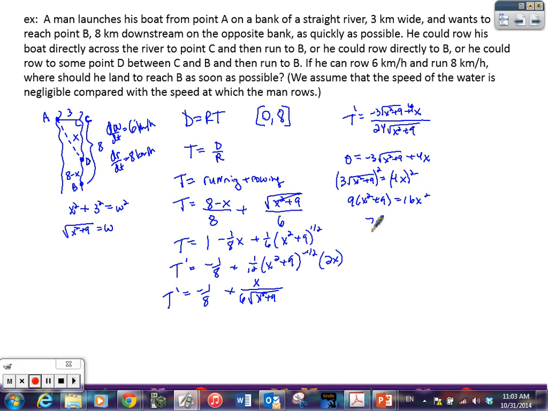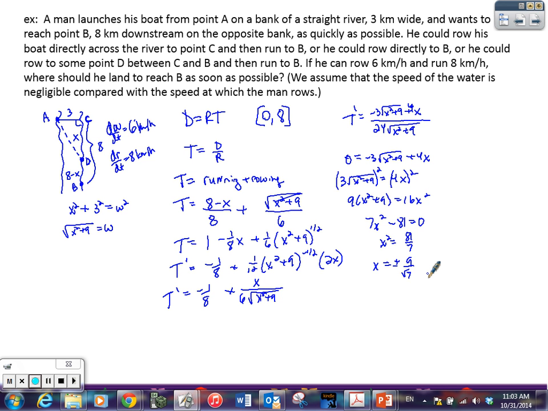I get 7x squared minus 81. I solve for x. x squared is 81/7, so x is plus or minus, what do we have? 9 over root 7. Of course, we can't have the negative, can we?